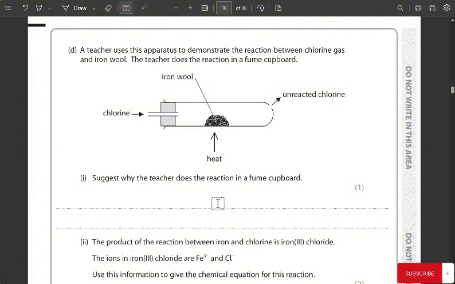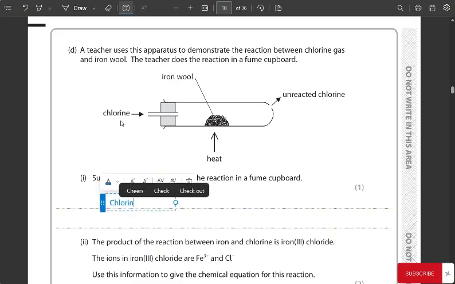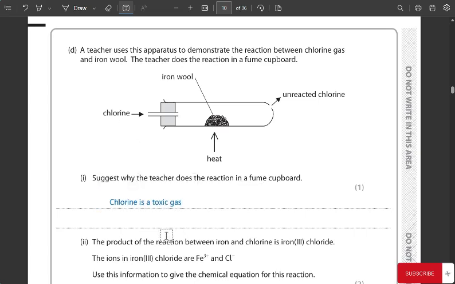The reason is that chlorine is a toxic gas. In addition, there is a fact that one country, I don't remember which, used chlorine gas in the First World War.